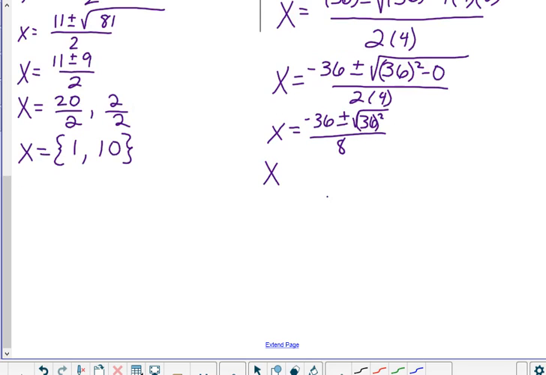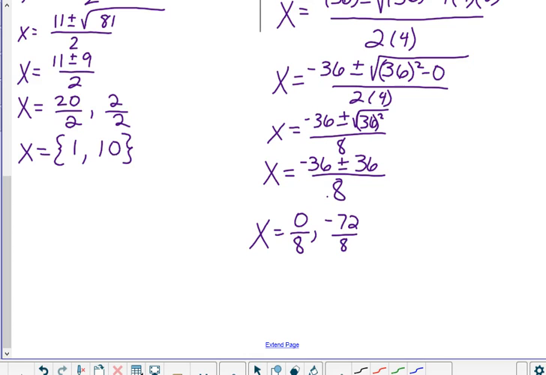And the square root of 36 squared is just 36. So we have negative 36 plus or minus 36 over 8. And so we're going to go ahead and do that. So we have negative 36 plus 36 is 0 over 8. And negative 36 minus 36 is going to give me negative 72 over 8.